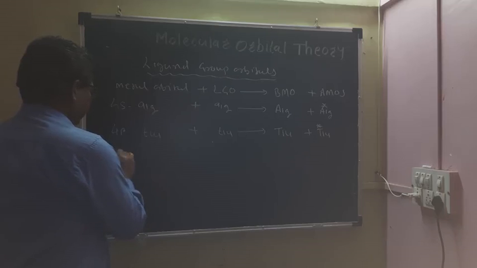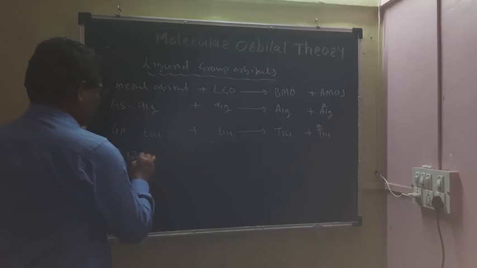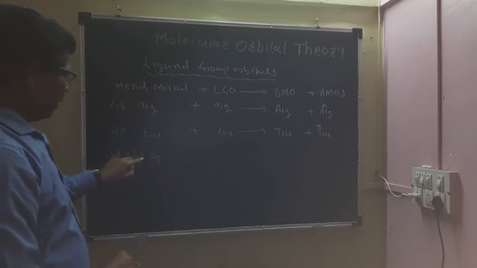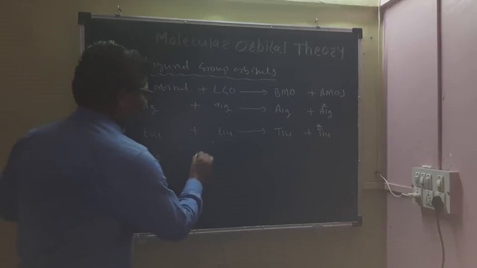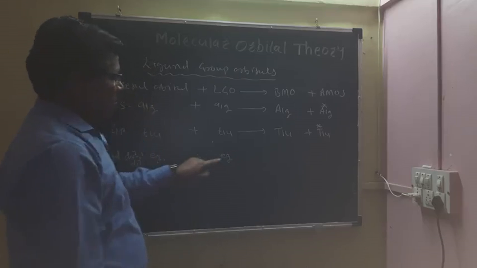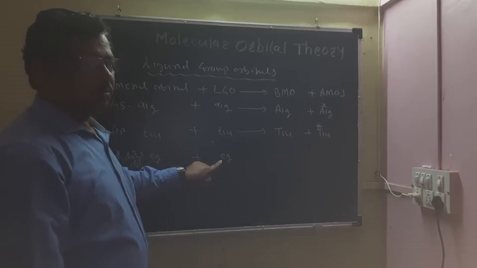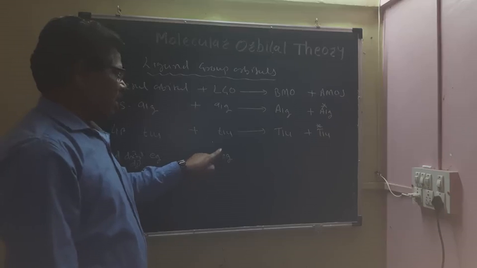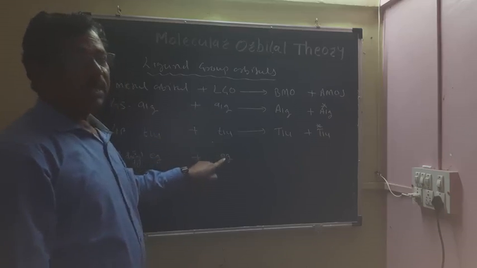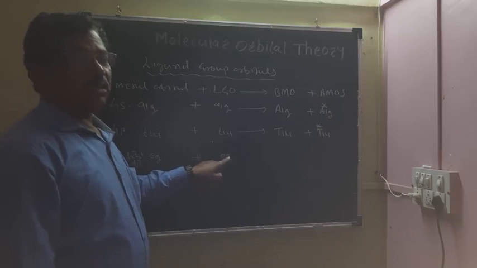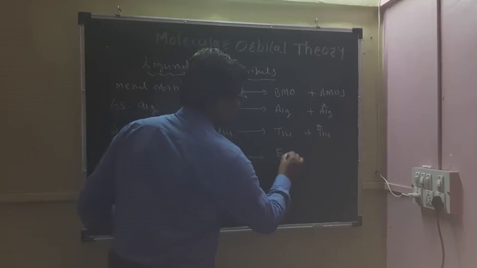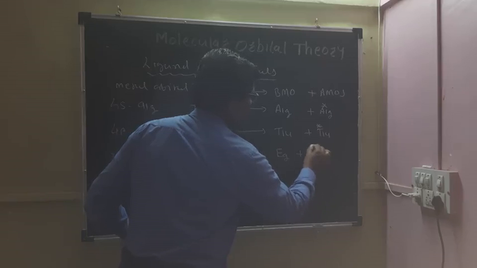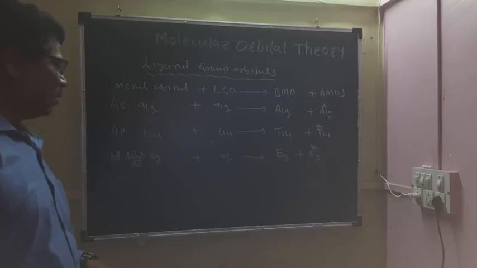Here dx square minus y square and dz square orbitals are represented as eg, and they form eg orbitals with the ligand orbitals. Of the total ligand group orbitals, 2 are involved in overlap, and therefore form eg and eg star anti-bonding orbitals.